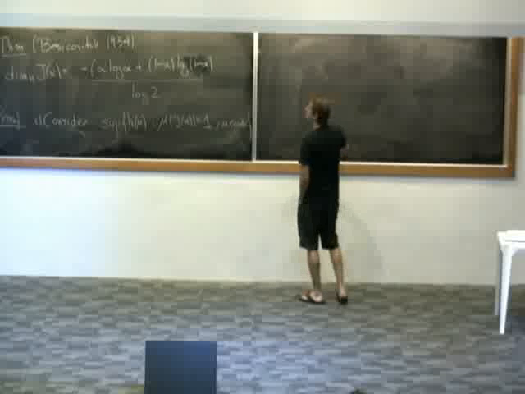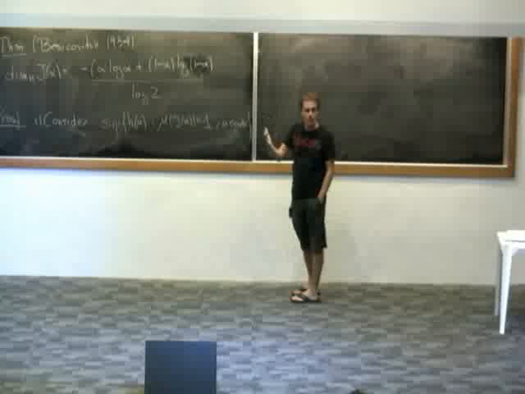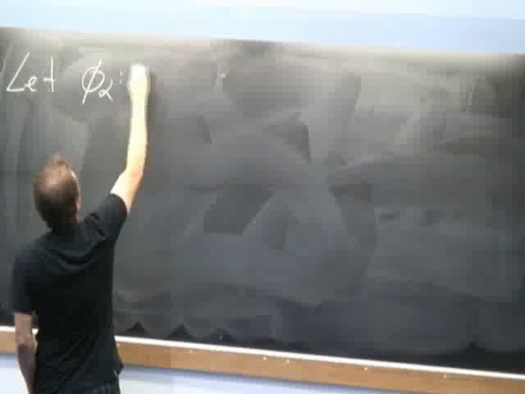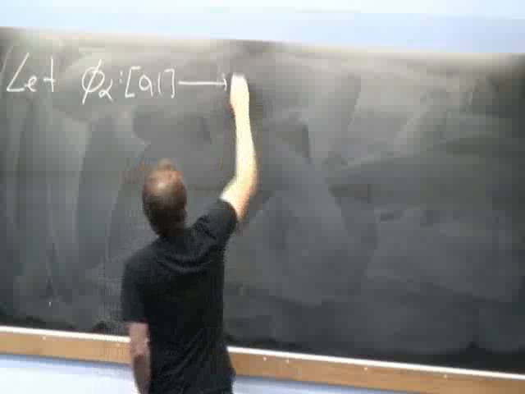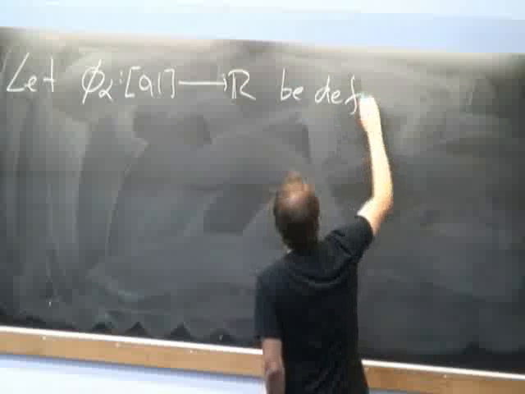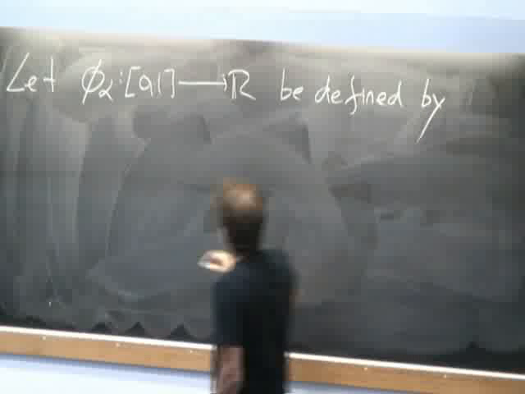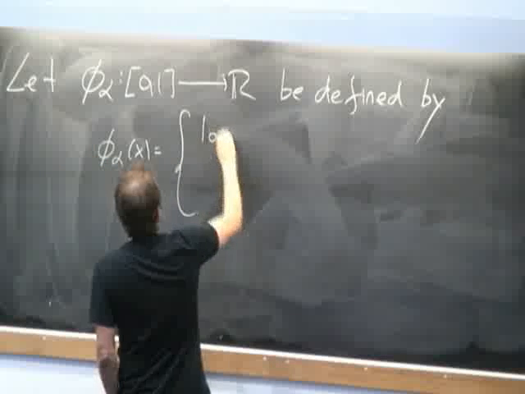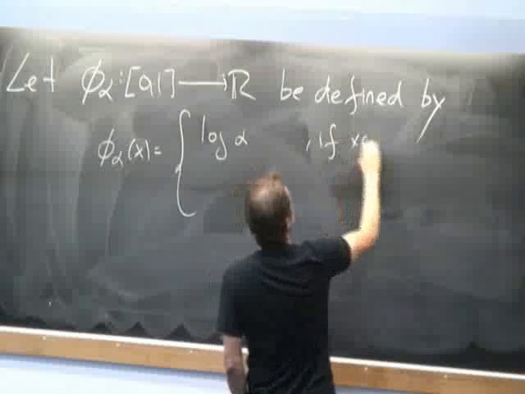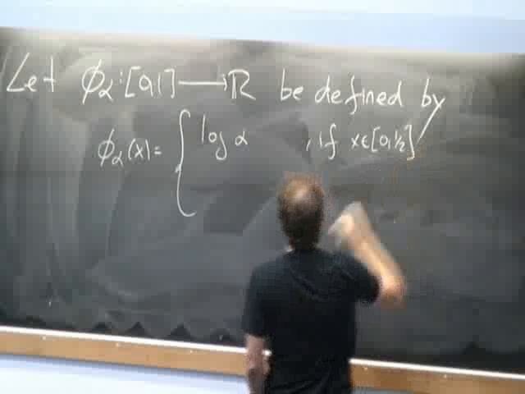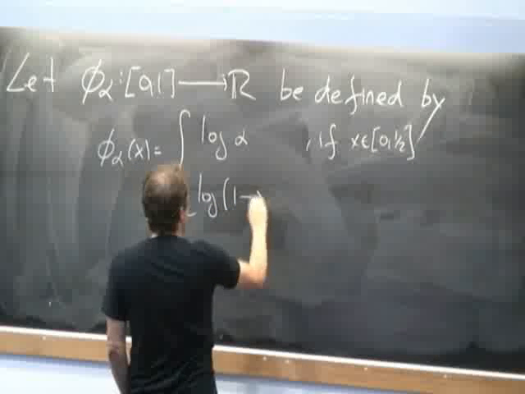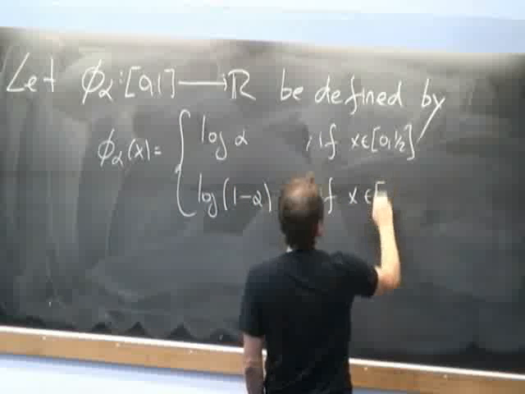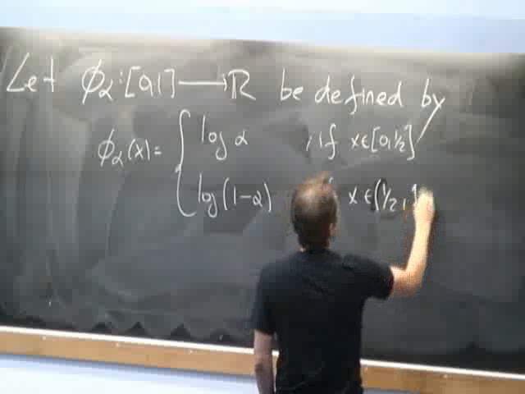So how do we do that? We have the dynamical system, we need a potential. It's going to be log of alpha if x lies between 0 and 1/2, and log of 1 minus alpha if x lies in 1/2 to 1.